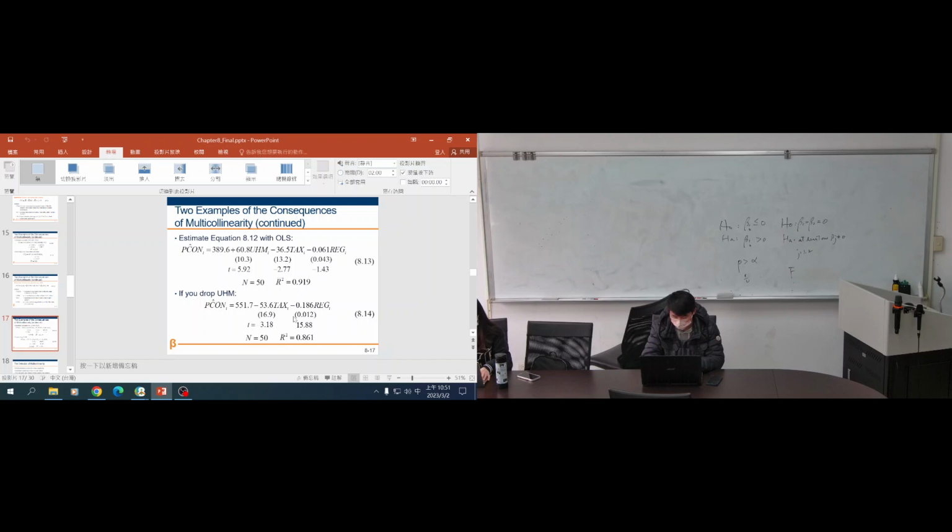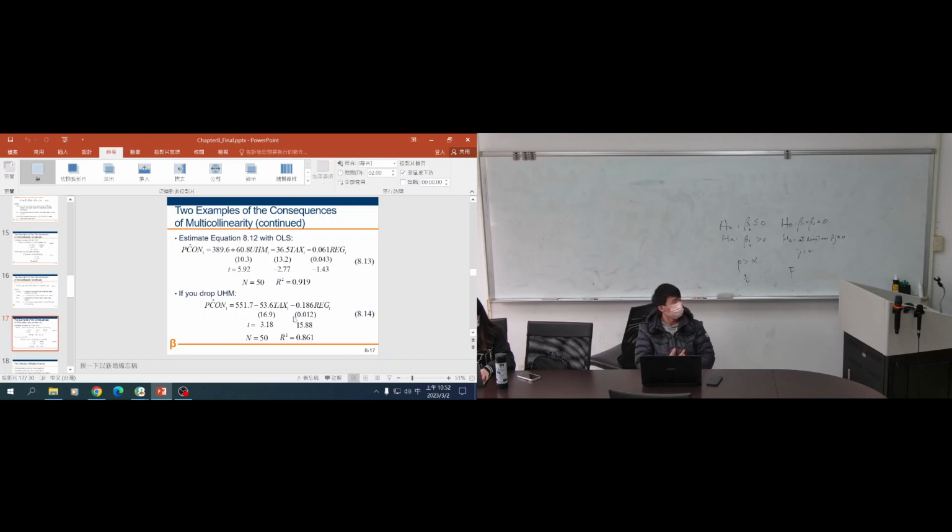So we expect a positive sign too. Equation 8.13 is the output using 50 states in the United States. Then what do you see from equation 8.13?